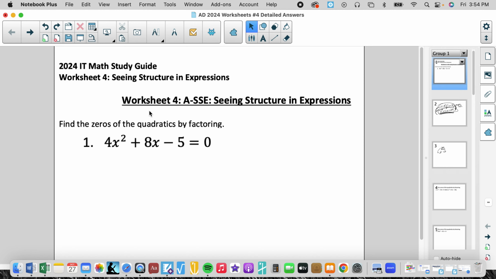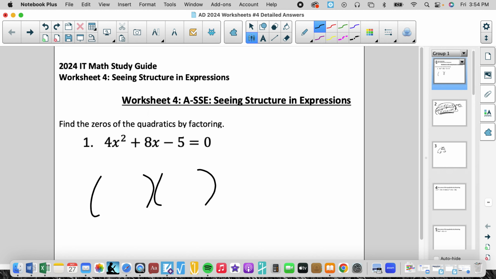So we know that it's going to be the product of two binomials. Something times something: the first times first is going to produce this first term, the last times the last is going to produce your last, and your middle term is going to be the sum of the outside and the inside.